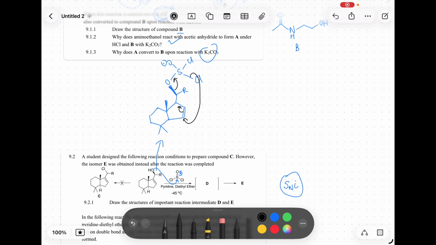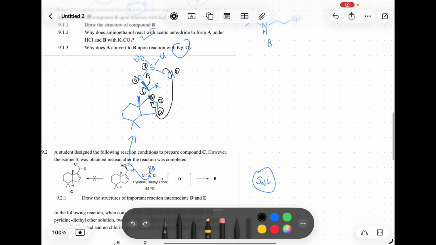So that is because you have your 1, 2, 3, 4, 5, 6, 7. So that is kind of a 7-atom ring that's formed in the transition state, and so this whole chain is long enough to wrap around and attack from there, and so the product you're going to get is this.